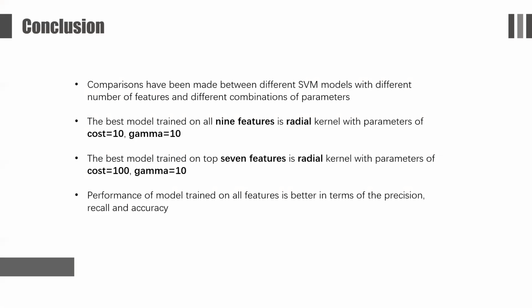The best model trained on all variables is the radial kernel with cost equal to 10 and gamma equal to 10, whereas the best model trained on only the top 7 variables is the radial kernel with cost equal to 100 and gamma equal to 10. Based on the comparisons, we select the model trained on all the variables in terms of precision, recall, and accuracy.